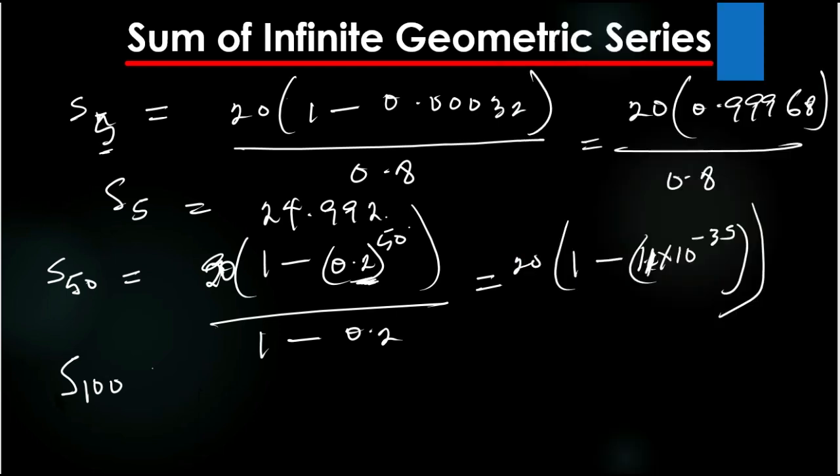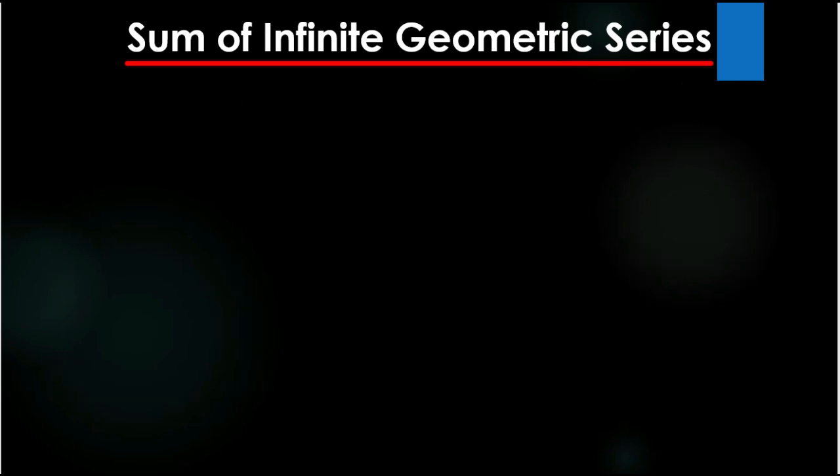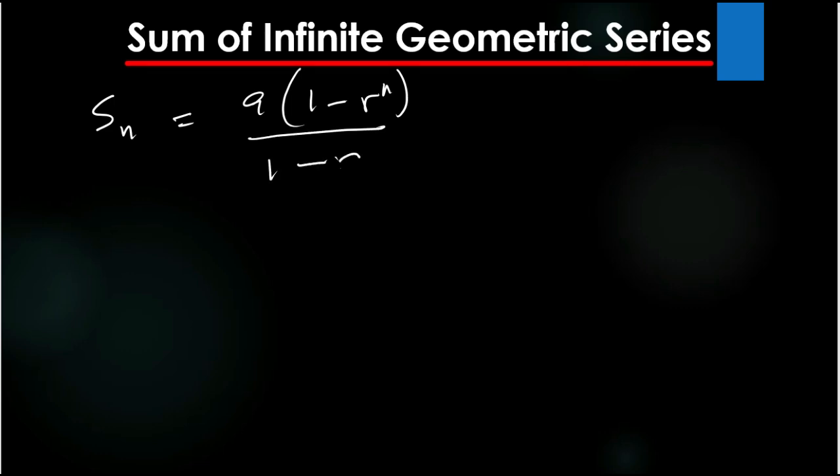So as my n begins to tend to infinity, my r raised to power n in this case is beginning to tend to 0. Now we have that Sn is the same thing as a into 1 minus r raised to power n all over 1 minus r.